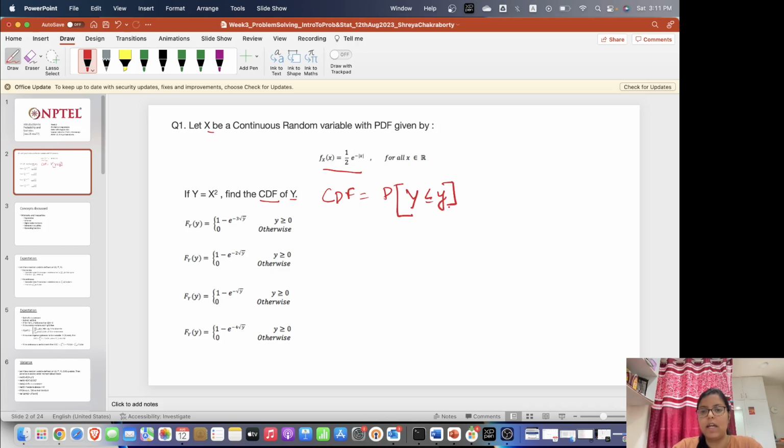Now instead of capital Y, I can write probability capital X square less than or equal to small y. Since x square is less than or equal to y, we can write this as probability minus root y less than or equal to x less than or equal to root y.